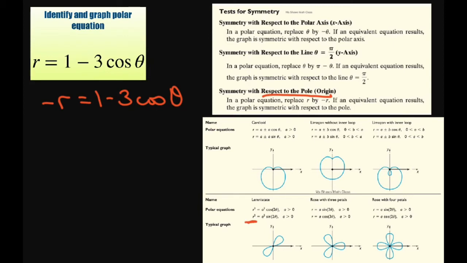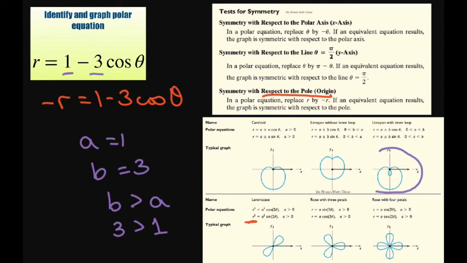Okay, so this is, as I said before, a Limacon with an inner loop. And the reason it is, we're going to let A be 1 and B be 3. And since B is greater than A, because 3 is greater than 1, then it's going to be something like this.